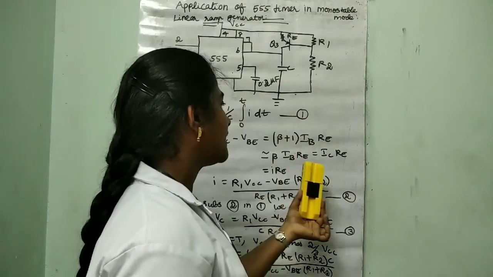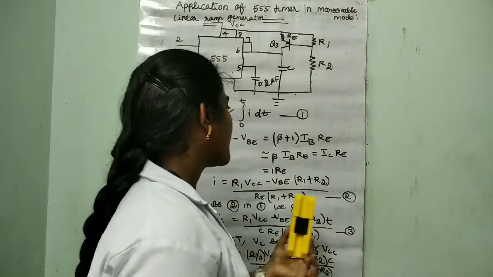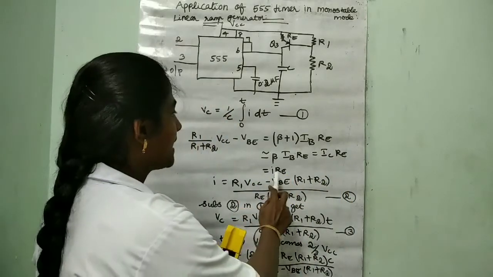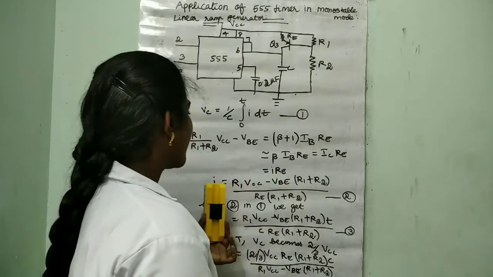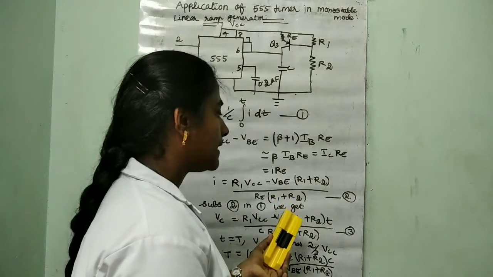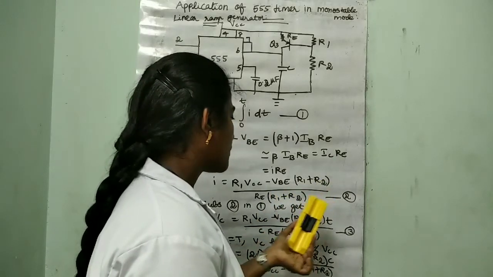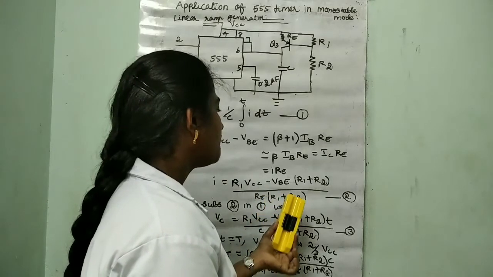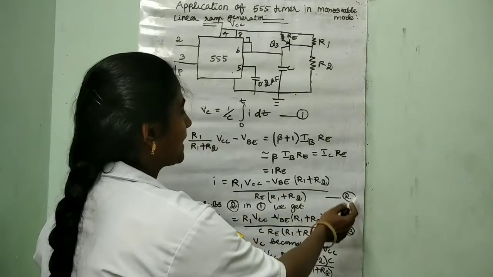So this can be written as IC times RE, that is I times RE. From this we can write I = R1 (VCC minus VBE) / (RE (R1+R2)). This is the second equation.